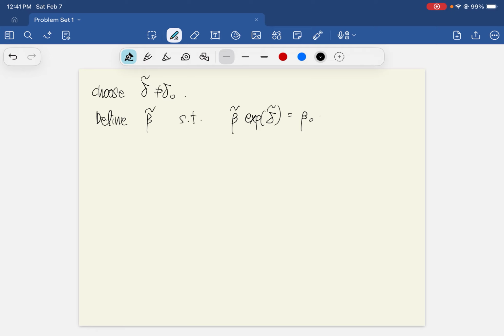Or you can just define beta tilde as beta 0 times exponential delta 0 divided by exponential delta tilde.